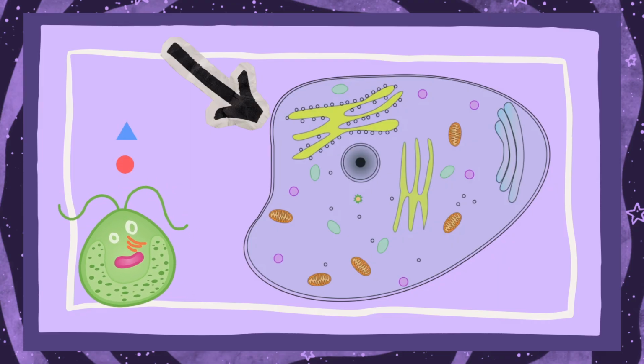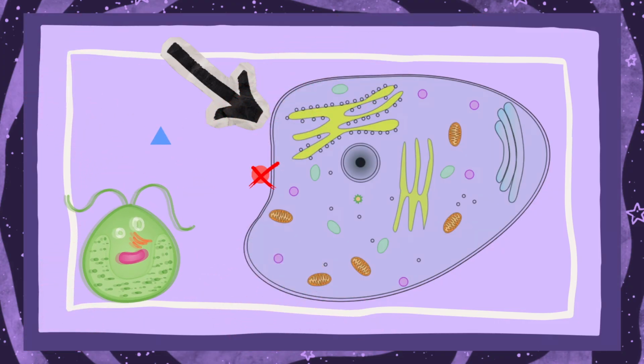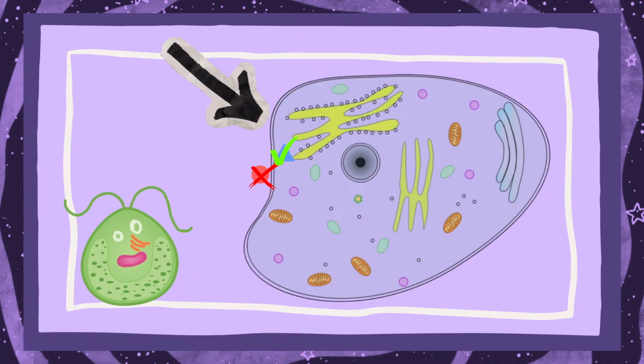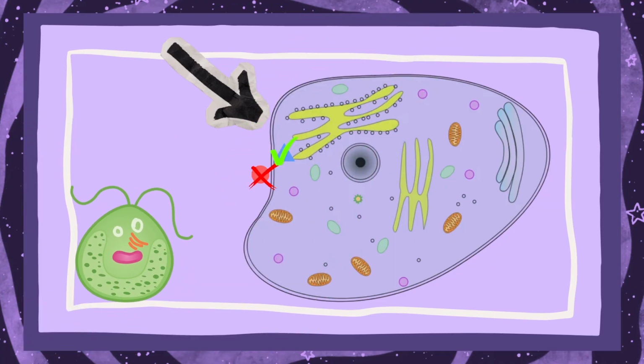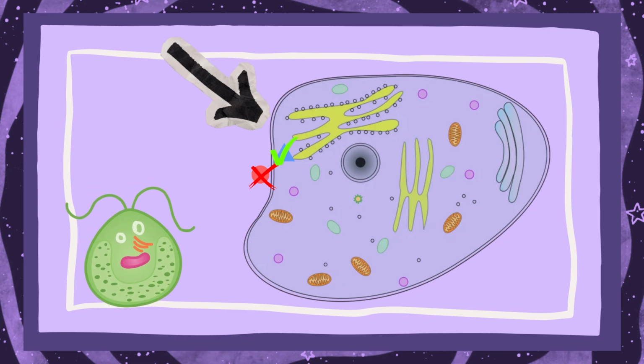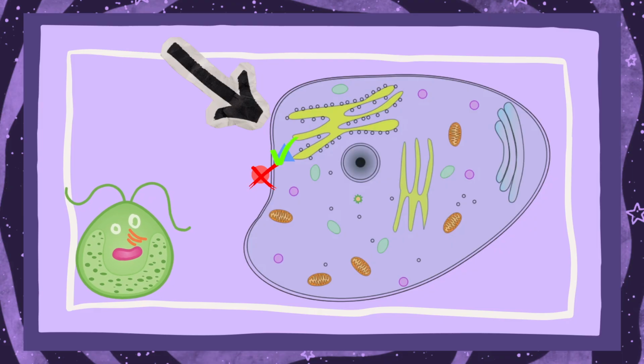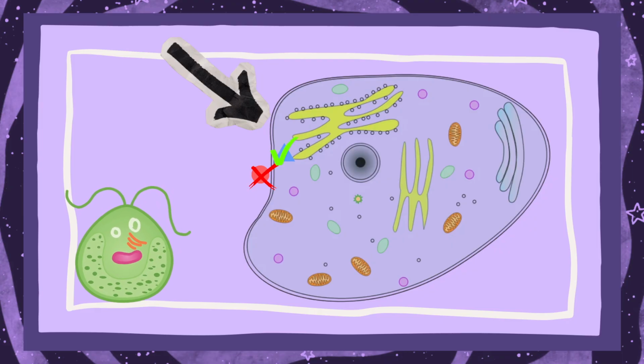This means it does not allow every substance to pass freely in or out. Instead, it carefully controls what enters and leaves depending on what the cell needs to survive and function properly. This control is essential for maintaining stable internal conditions even when the external environment changes. This stability is called homeostasis, and nearly every transport process in the cell is connected to it in some way.